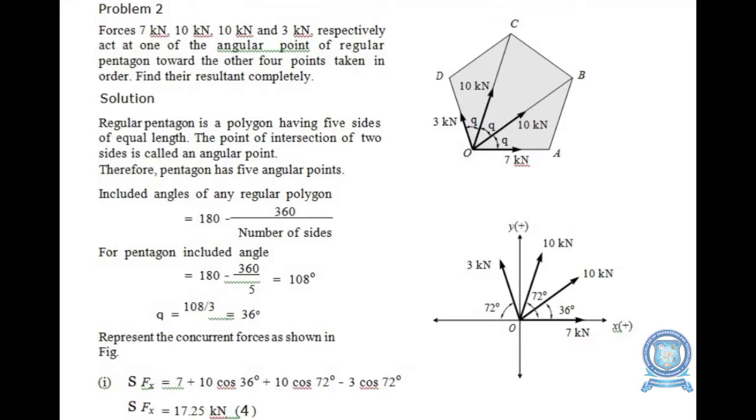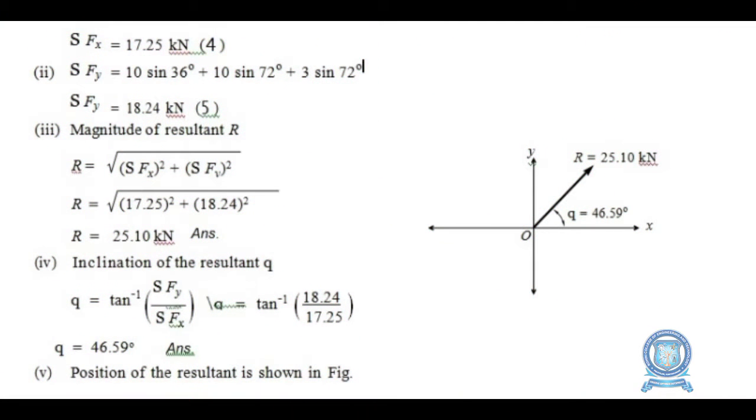Resolving these we get the answer as sigma Fx is equal to 17.25 kilonewtons. Hence, we obtain the value of the summation of horizontal components, that is sigma Fx is equal to 17.25 kilonewtons.